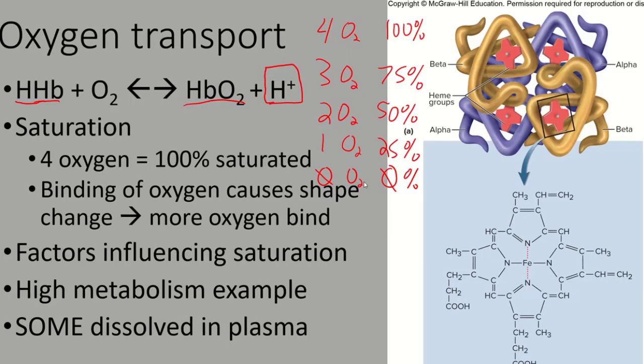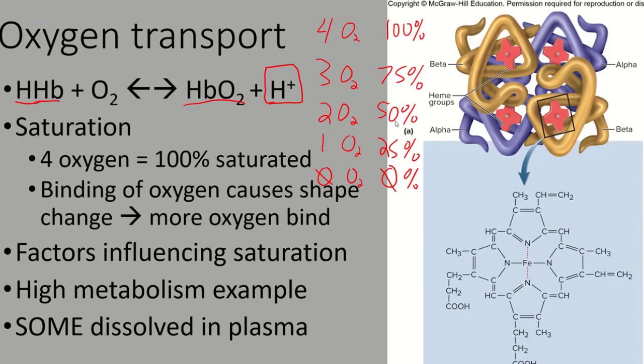If I tell you at some place in the body, hemoglobin is 100% saturated, what I'm telling you is at that place, the hemoglobin is carrying 4 O2s. Now, sometimes we may see a value like 96% saturated, and that doesn't fit here.